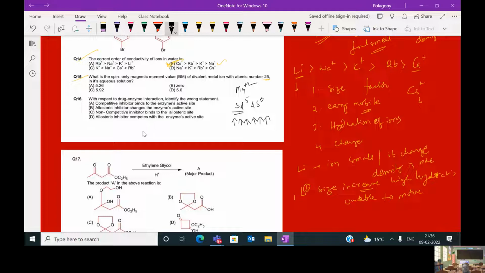The Bohr magneton formula is root of n into n plus 2. Here n is 5, so 5 into 7 is 35, root 35. The root 35 value is around 5.92. So 5.92 is the correct answer.